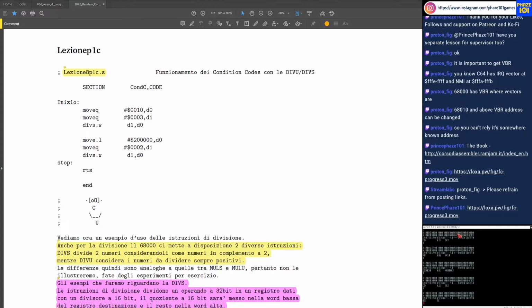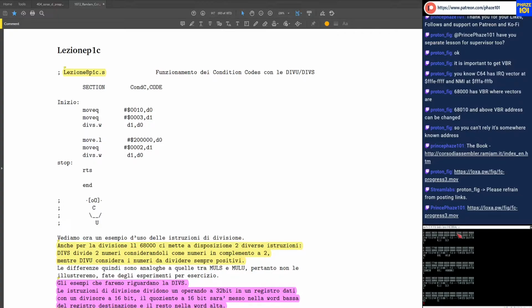And like multiplication, division has unsigned and signed versions. Division works the opposite of multiplication.